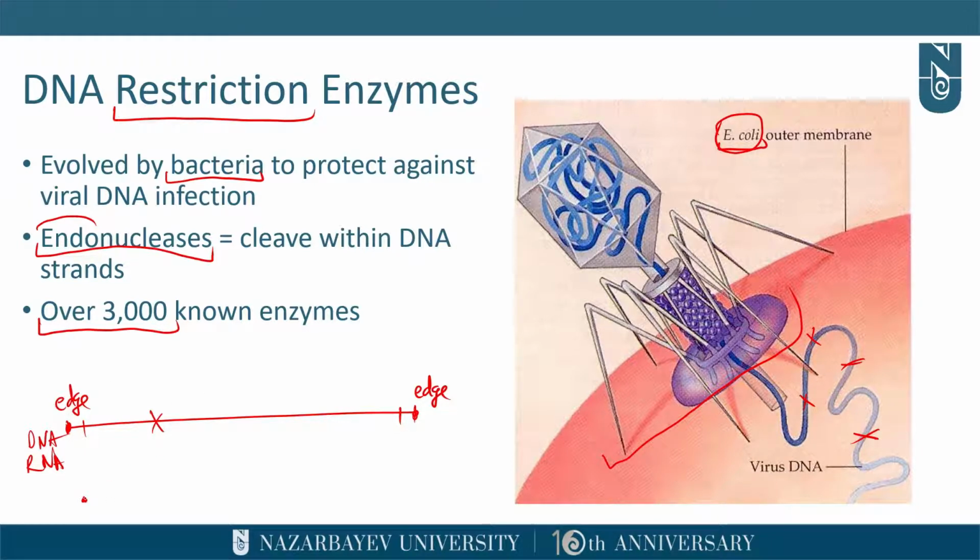If you have the digestion from the edge, so let's say that cut happens here, then here, and it goes on, which means that the enzyme comes and bites the pieces of the DNA, it will be called exonuclease.